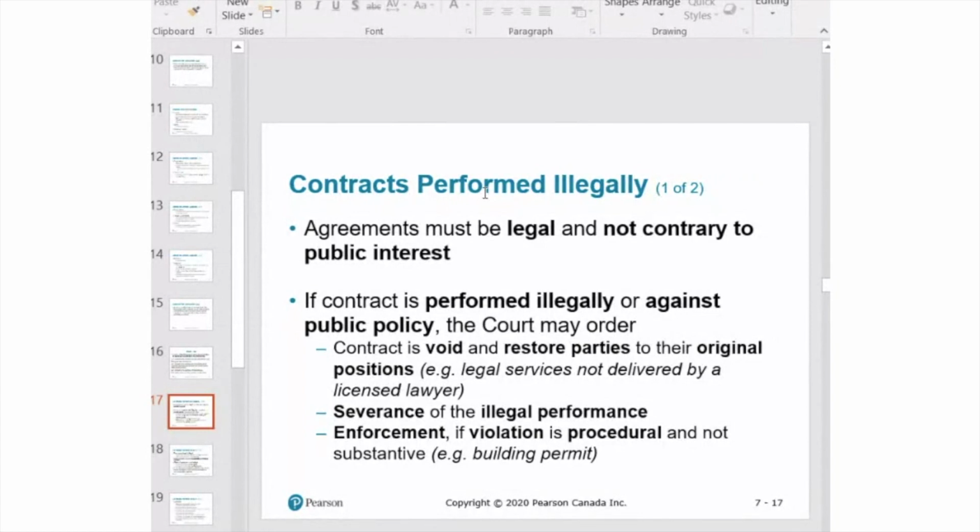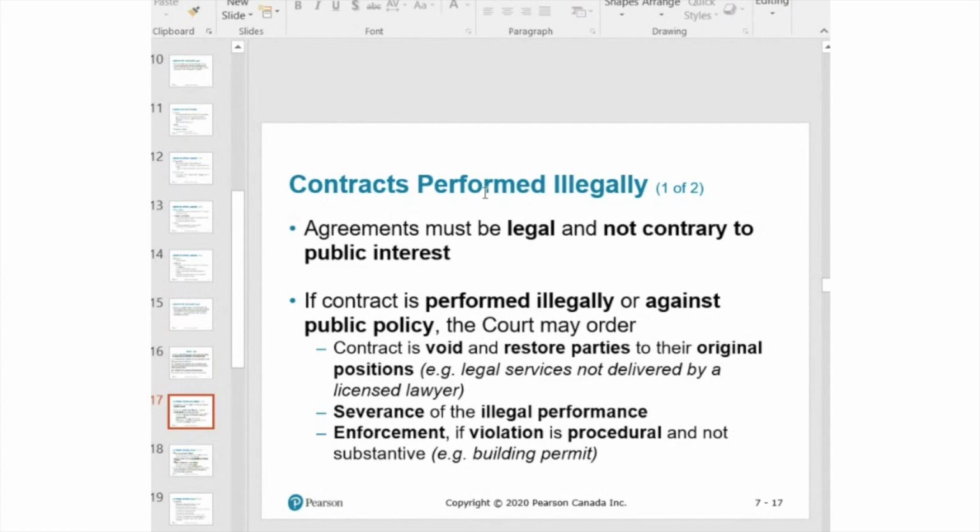If a person claiming to be a dentist is not a dentist, that contract will be performed illegally. If you sue the person because you want your money back, the courts will order that person to give the money back because you entered into a legal contract. However, performance was illegal. That is one situation.